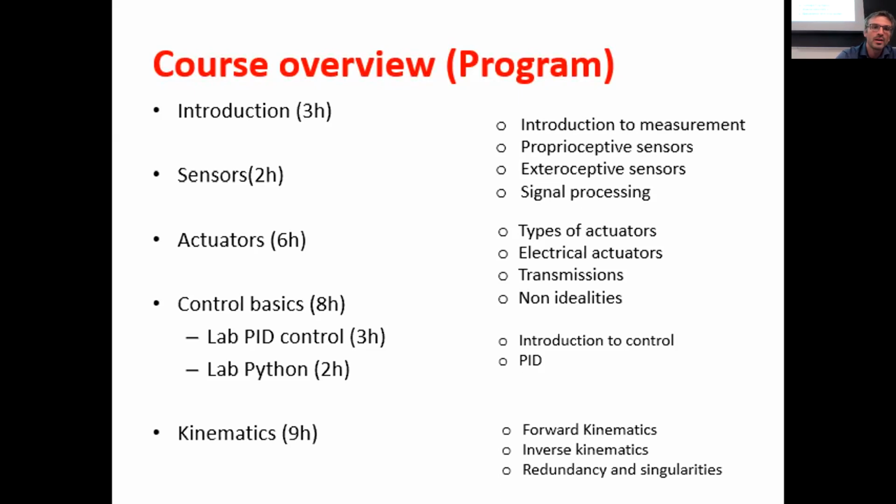Then we start with kinematics. As I said, forward kinematics, inverse kinematics, dealing with the redundancy. Whenever we have redundancy, whenever we have more degrees of freedom than the ones that we need to perform a task. So think about an arm, a human arm. The task is to keep the end effector, which is the tip of the arm here, and you still have some internal motion.